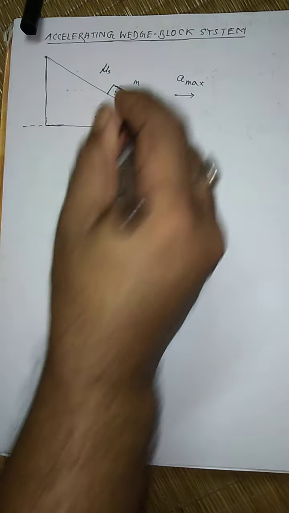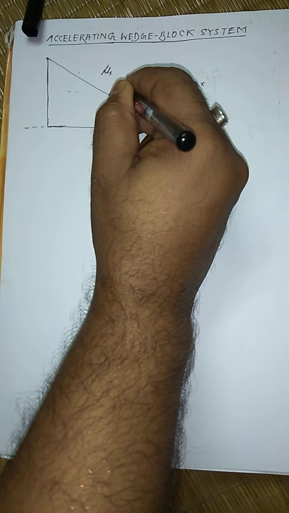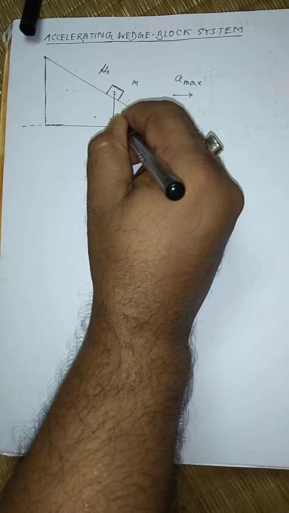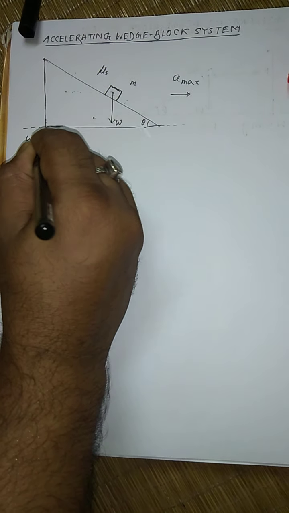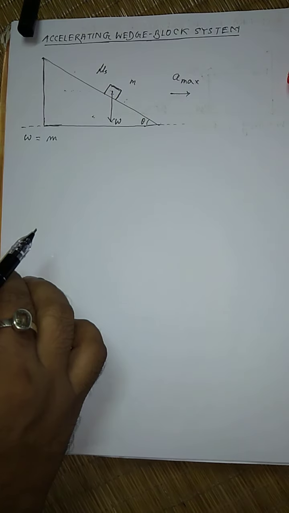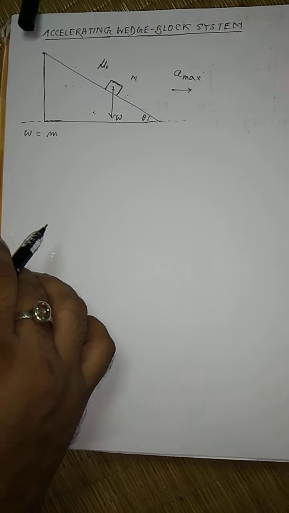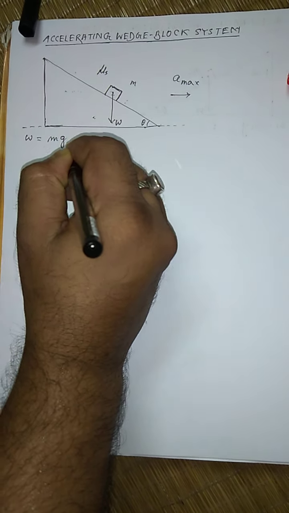The force of gravity acts on the block vertically downward, and it's given by W. W is equal to the mass of the block multiplied by the acceleration due to the Earth's gravity.